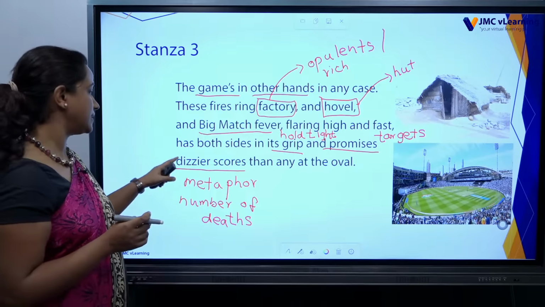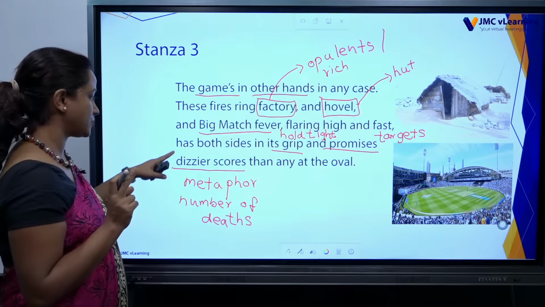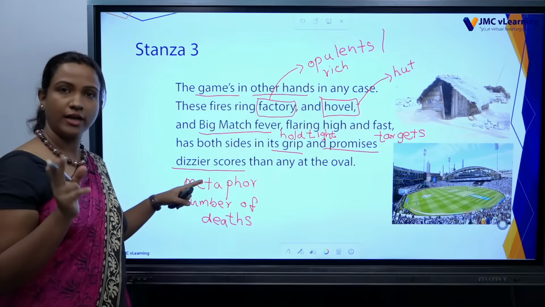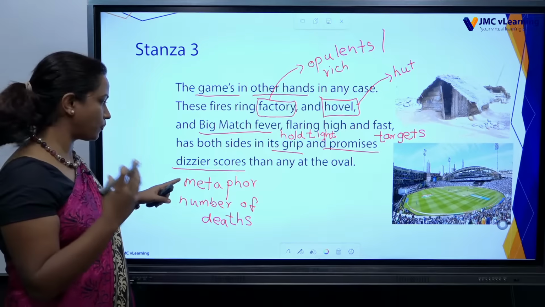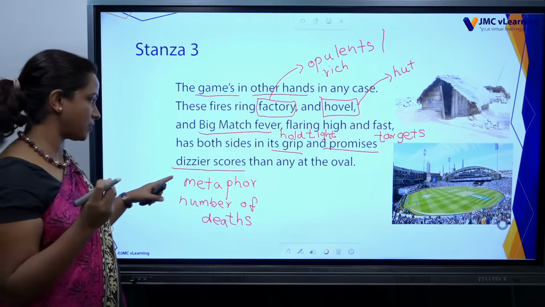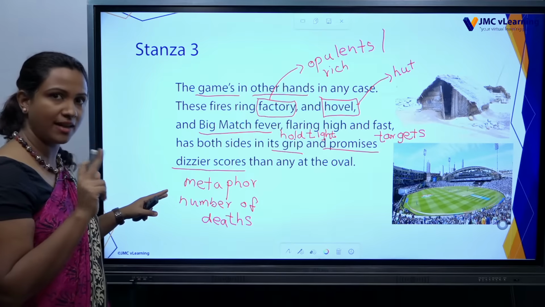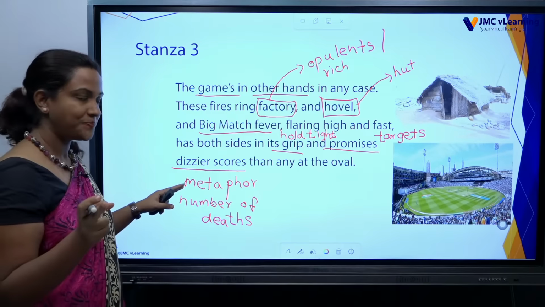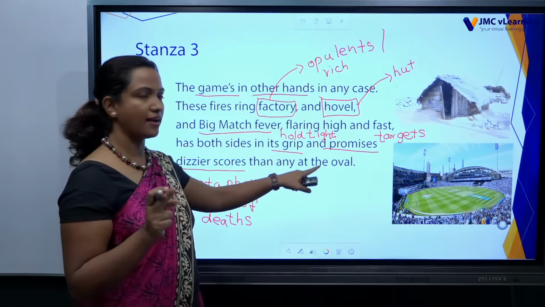Dizzier scores are similar to the number of deaths in a racial violence. But here, in a cricket match or a big match, dizzier scores are the number of points that you want to score in a cricket match. So that's what the poetess is trying to say. There is a similarity between the match and the violence here, than any at the oval.